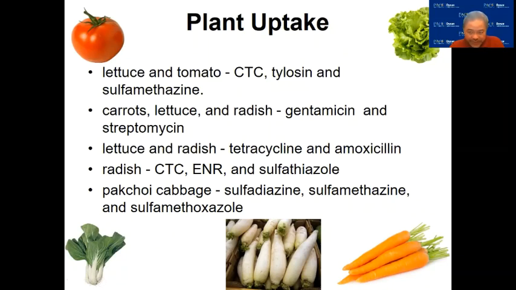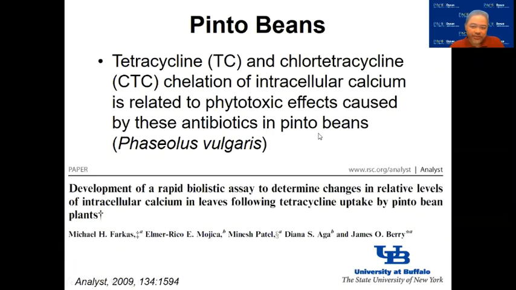Okay, and I have personal experience on this study when I used these pinto beans. With the pinto beans, we tried to look at how tetracycline and chlortetracycline affect the growth of the pinto beans. Pinto beans, Phaseolus vulgaris, like mungo.